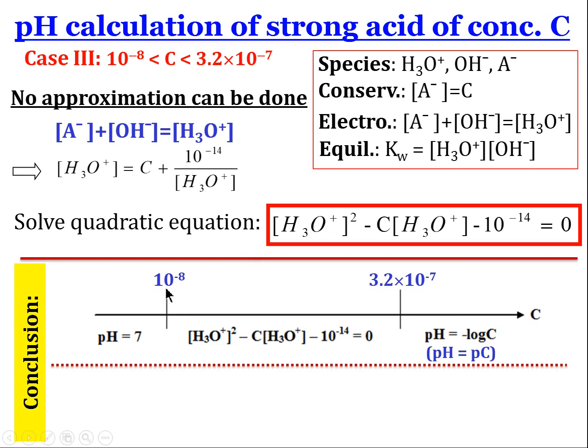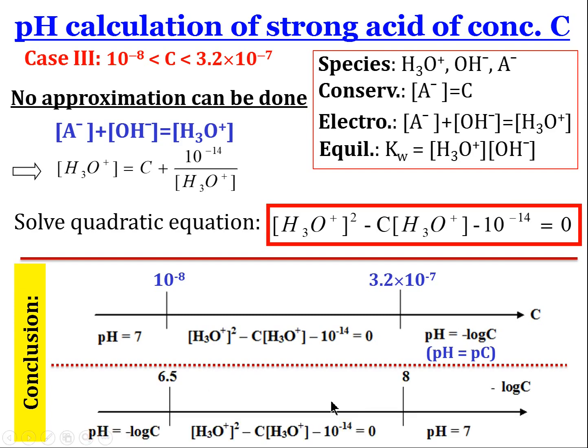And if the concentration is between 10 minus 8 and 3.2 10 minus 7, we apply the solution of the quadratic equation H3O plus squared minus C times H3O plus minus 10 minus 14 equal 0. So we find the concentration of H3O plus accepted, then we apply pH equal minus log this concentration.